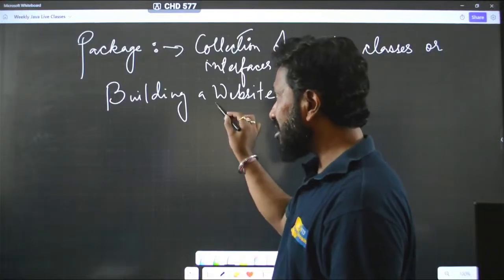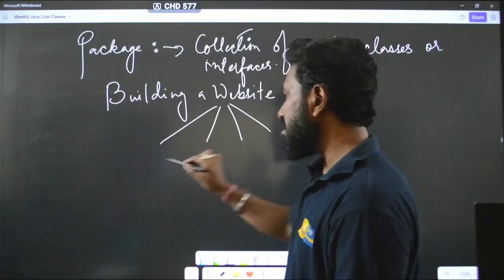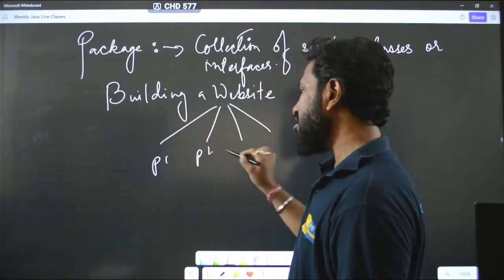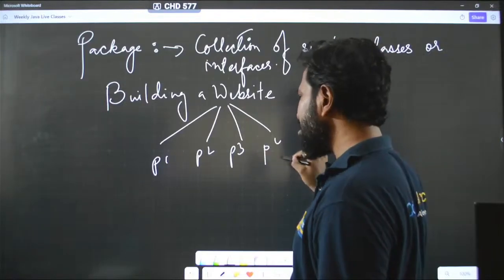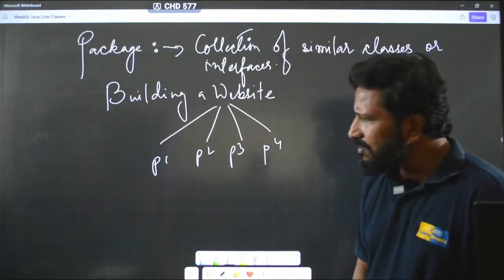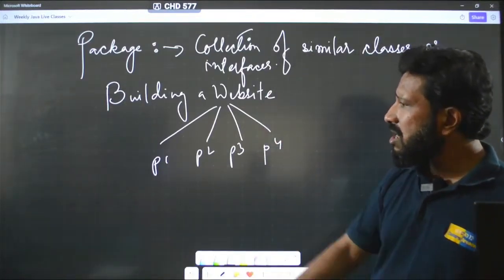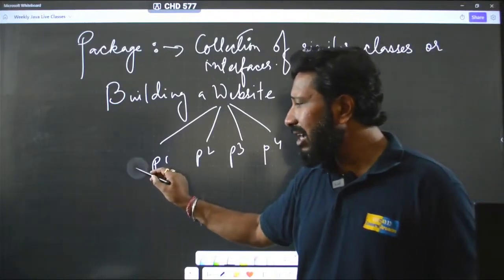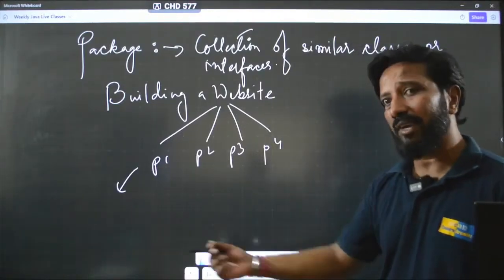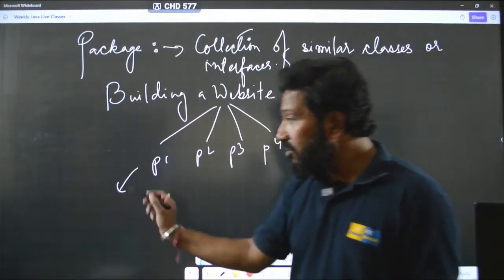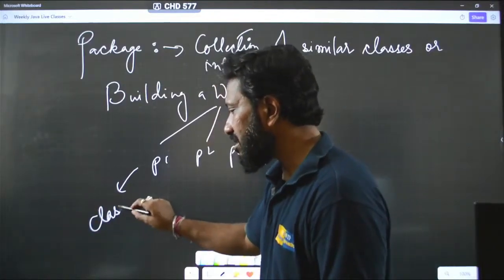And website is actually what? It has multiple web pages. So this is page 1, this is page 2, this is page 3 and page 4. I am just taking a simple example, and here in this case what you can see is in this page we have some different kind of operations that you have to perform. So for this, say suppose we are creating classes.